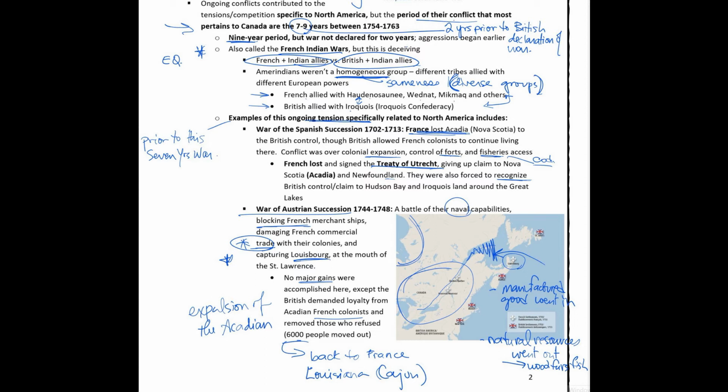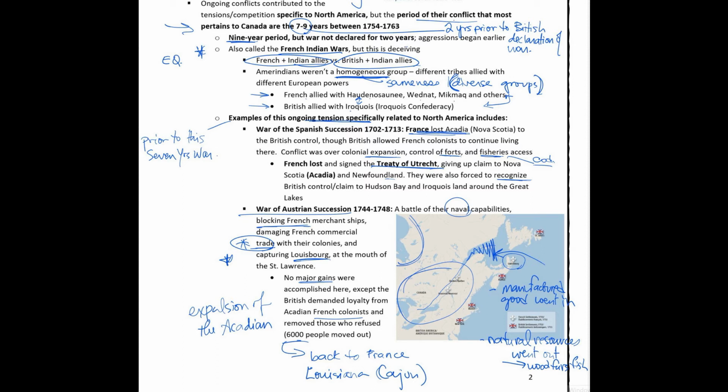This particular war had no other big gains because the French had already taken Acadia, except that this is the point here where it's called the expulsion of the Acadians. For the French colonists that were living there, if you weren't going to support Britain, if you weren't going to fight against the French, then you needed to leave.